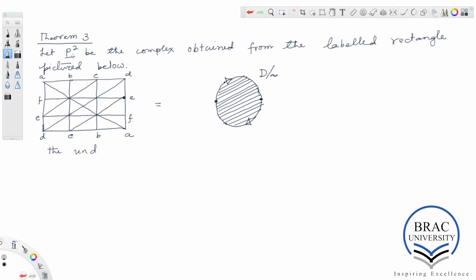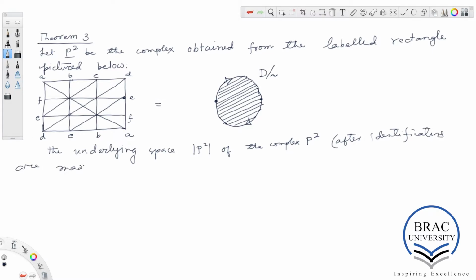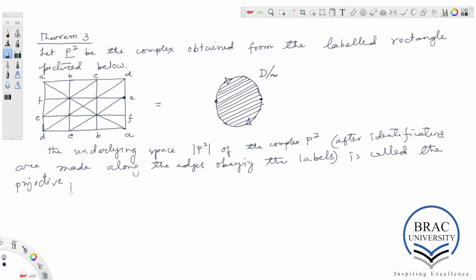And the underlying space of this complex P2, after identifications are made along the edges, obeying the labels, is called the projective plane or the real projective plane.